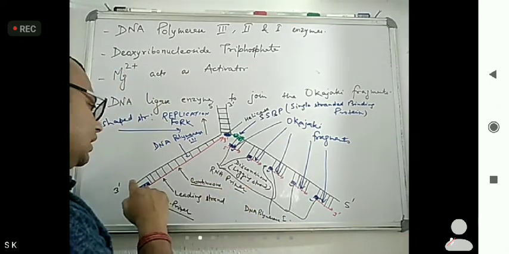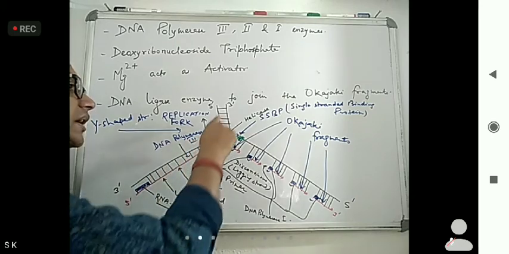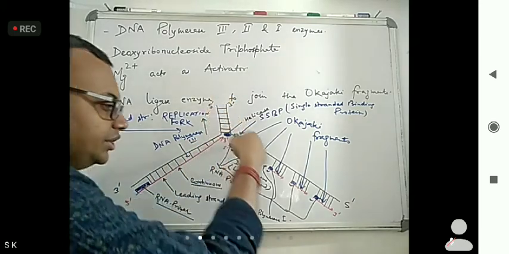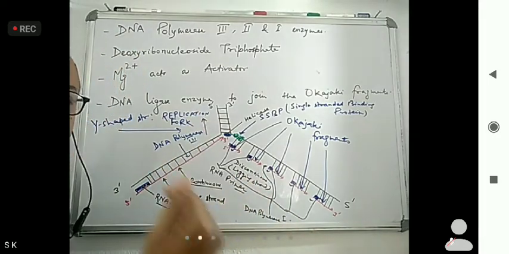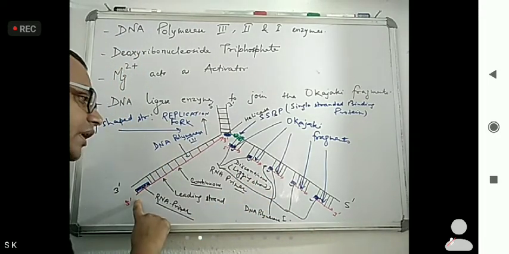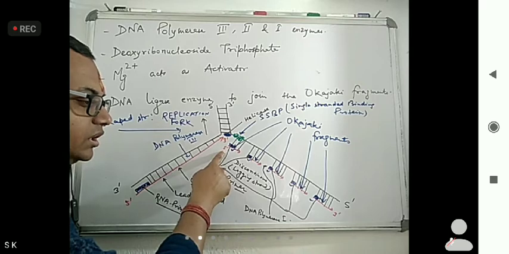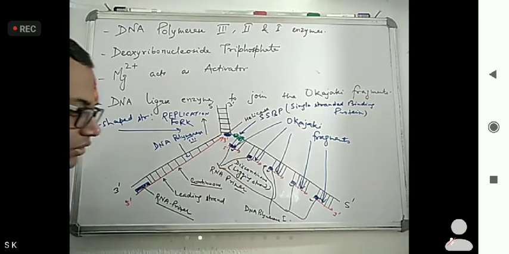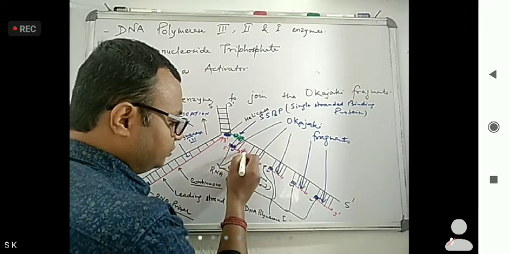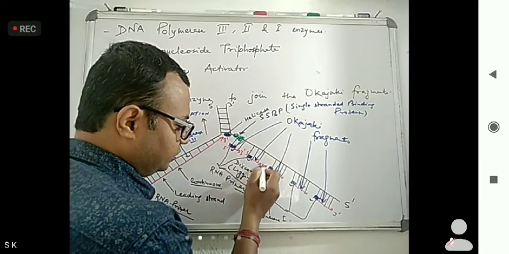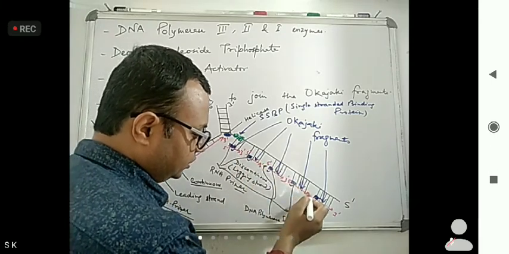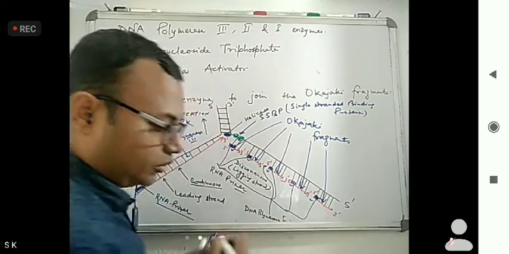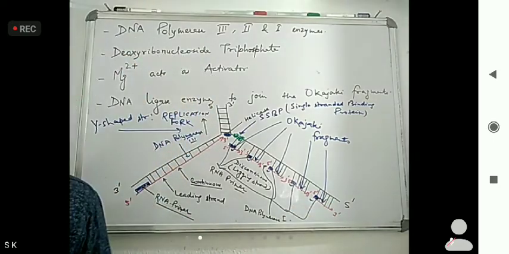Always, as I told, the template strand will be 3 prime to 5 prime, and new DNA formation is from 5 prime to 3 prime. Like that it is going on.